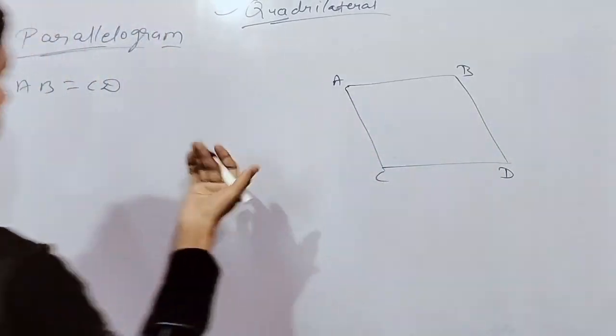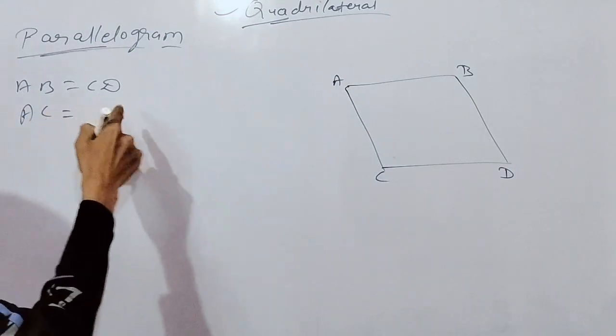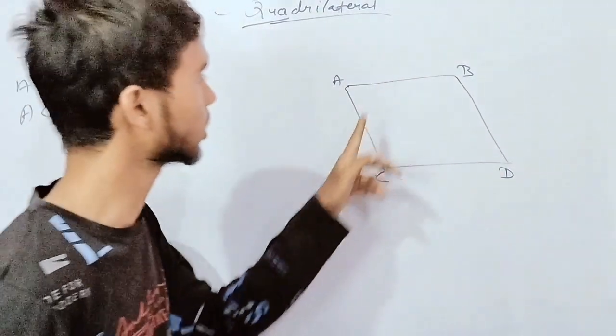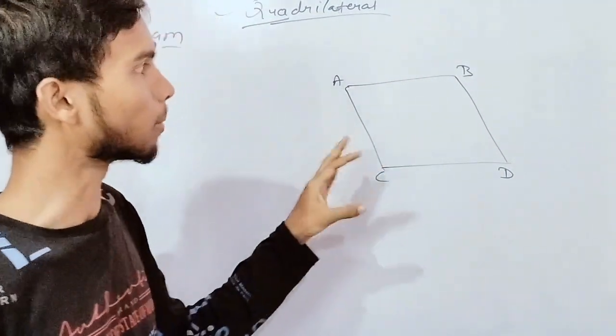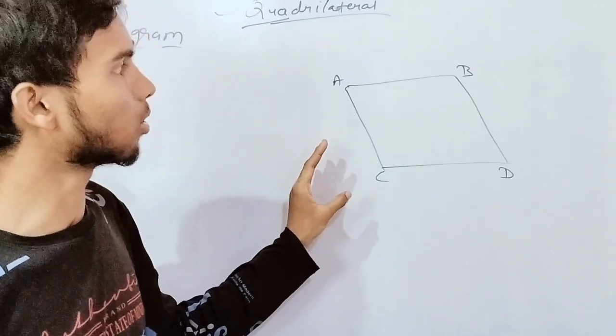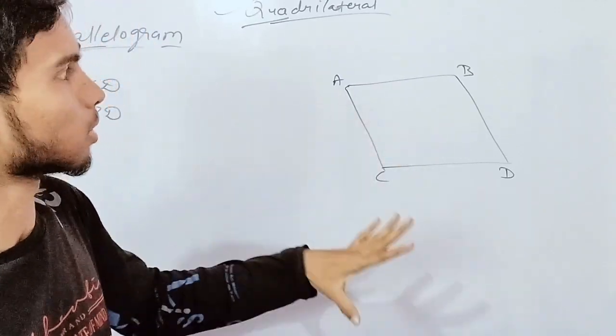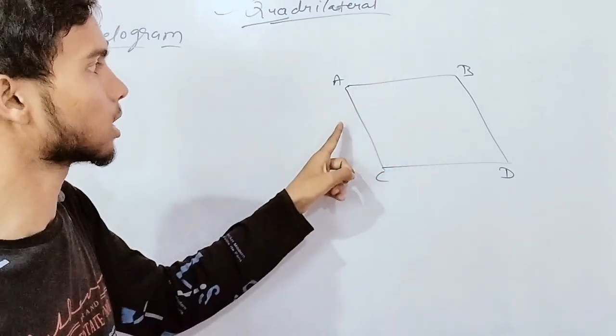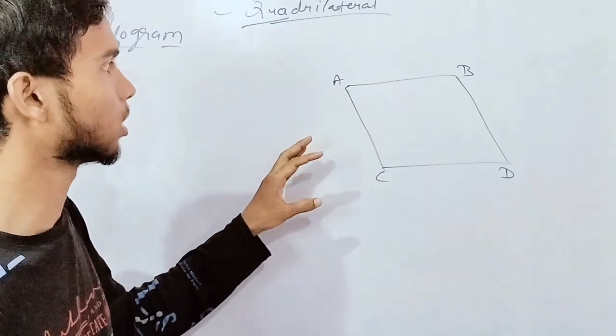Now, AC is also parallel to BD. But remember, if this is 7, sometimes this would not be 7.